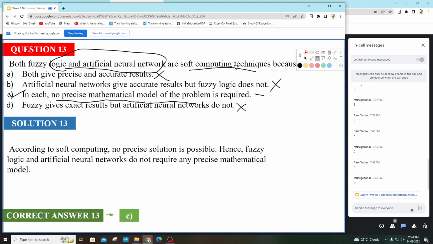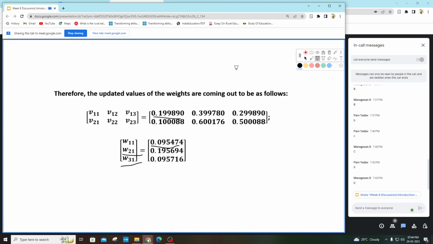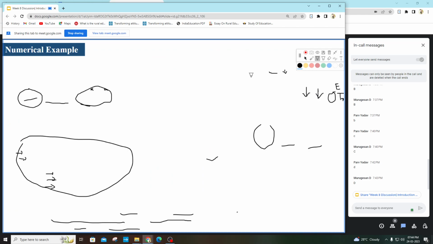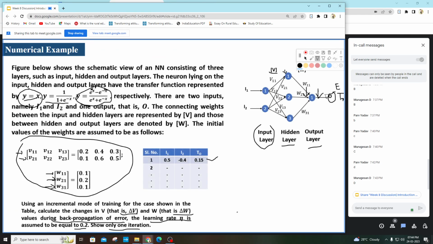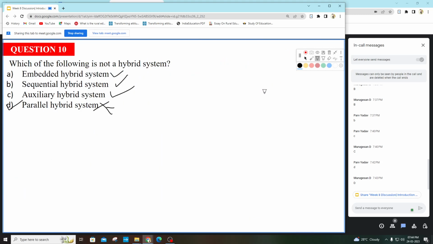In the question also you can see that when we are updating our weights, we are going from here to our weights. So our error calculation should always move from output layer to input layer. So answer D is the correct answer.